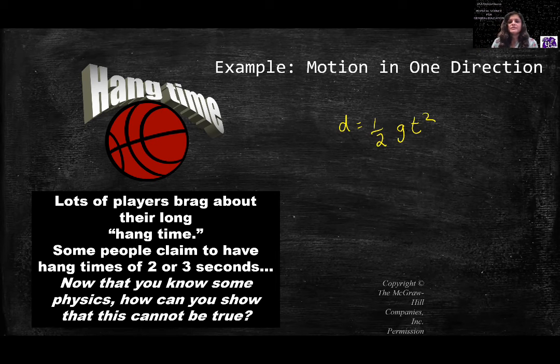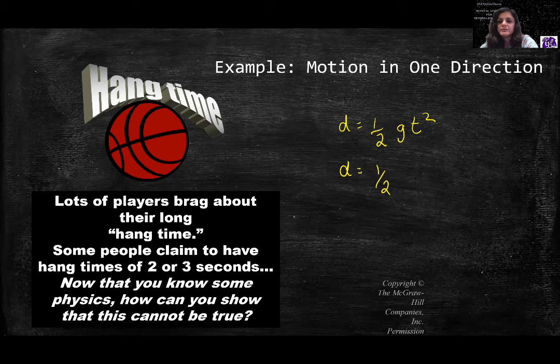So let's say someone says that their hang time is 3 seconds, then let's see how high they will jump. If it's 3 seconds, it means that it's 1.5 seconds up and 1.5 seconds down, because we'll assume that it's the same time going up, same time coming down.